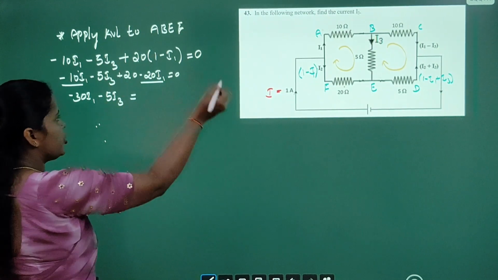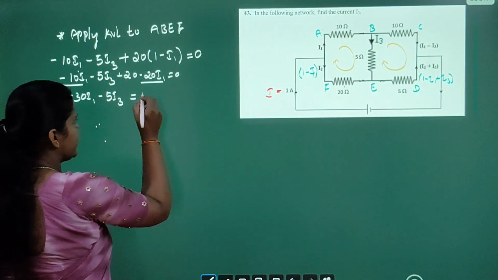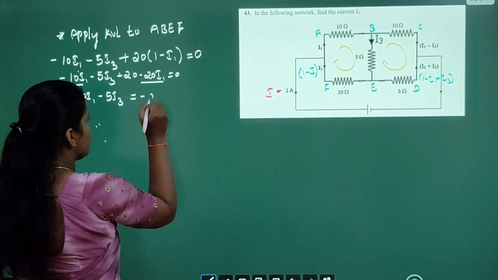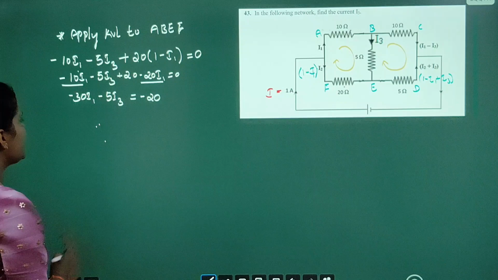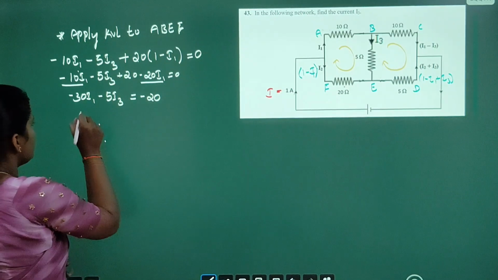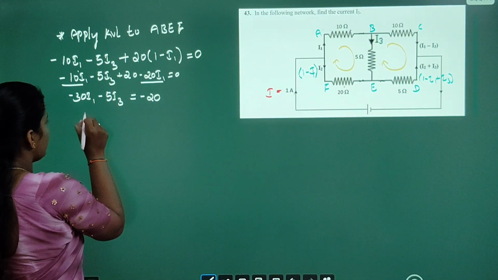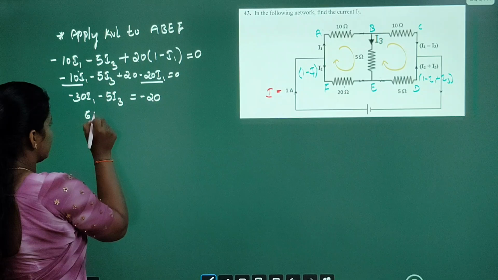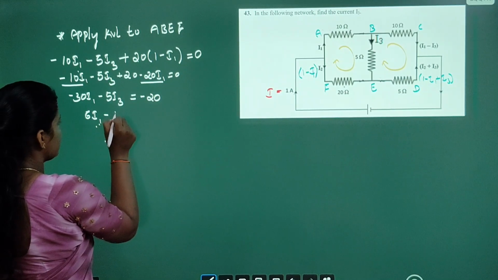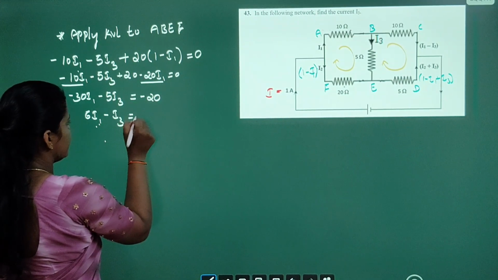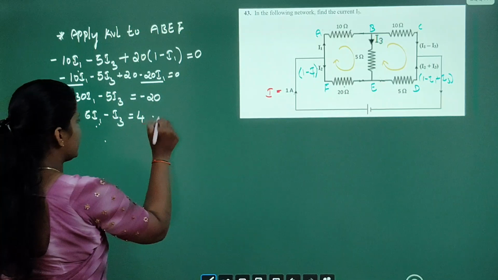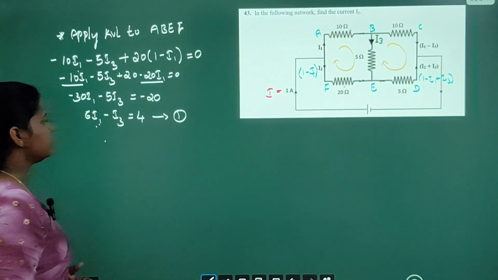I am sending the pure number to the right hand side of the equation, minus 20. Take 5 common: minus 5 times 6 I1 minus I3 is equal to 4. Consider this equation number 1.